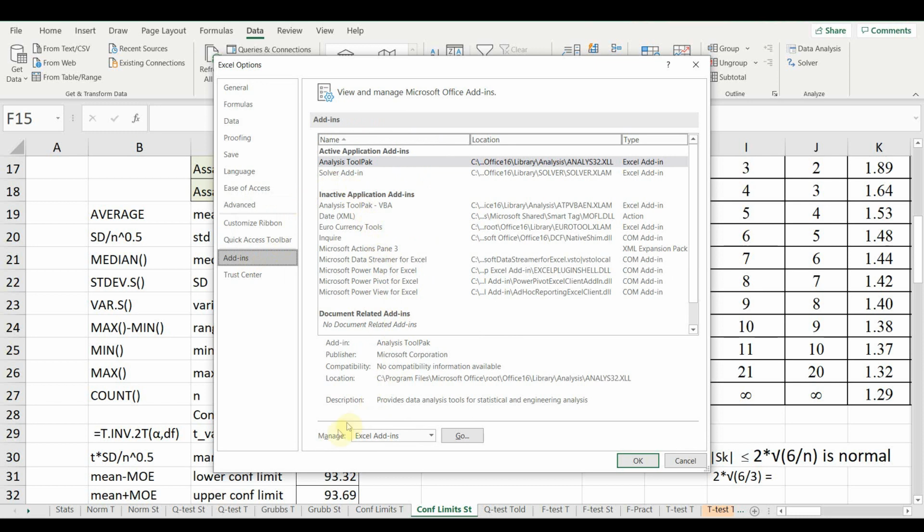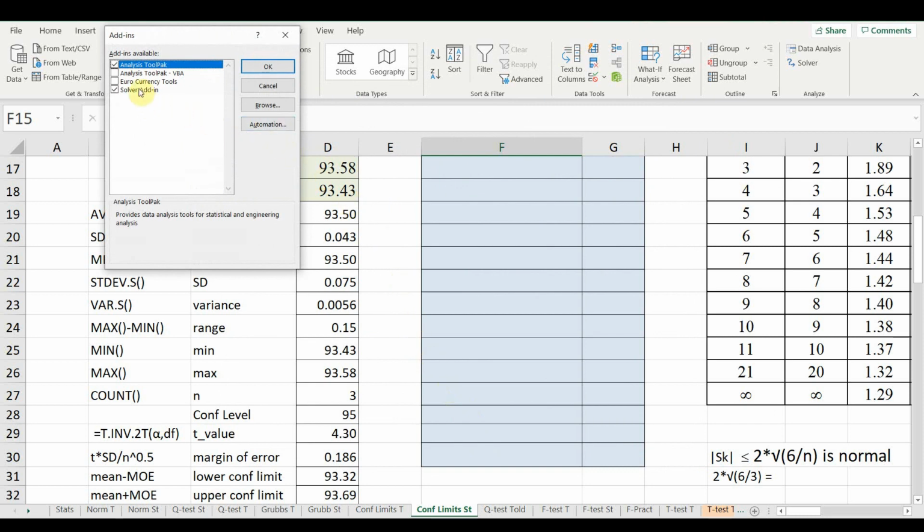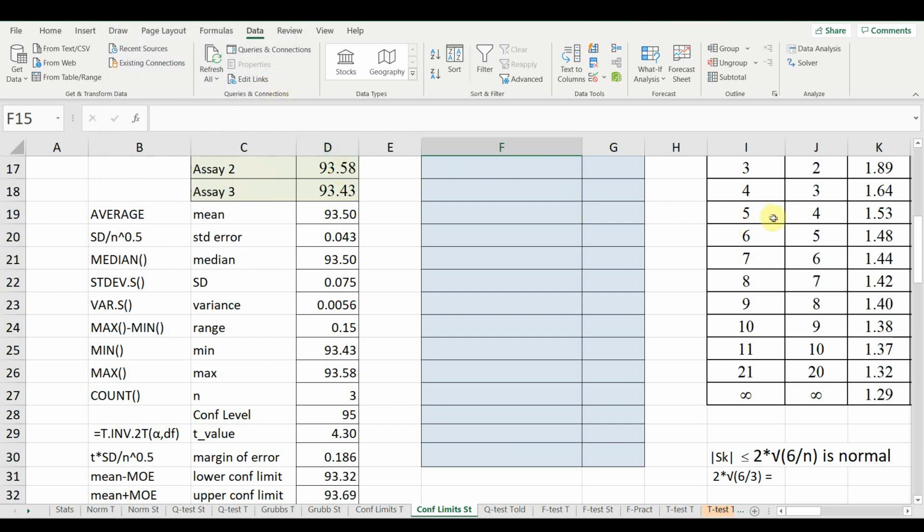At the bottom of the page you see Manage Excel Add-ins. Just click on Go and check off Analysis Toolpack. And you might as well check off Solver Add-in, because we'll use that in later lessons, and say OK. I'll say Cancel because I already have it installed. And here it is then on the Data tab, Analyze, Data Analysis.